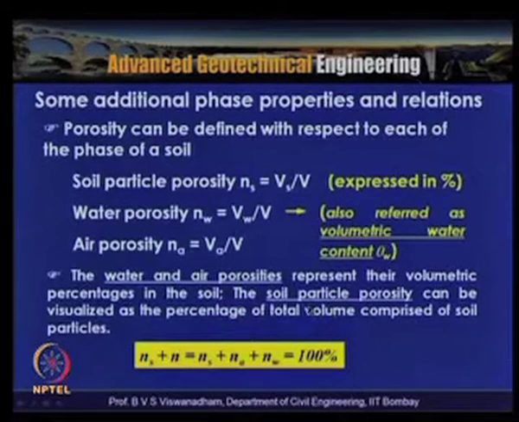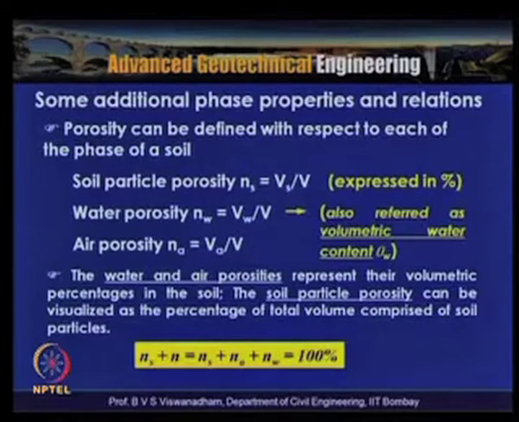The soil particle porosity can be visualized as the percentage of the total volume comprised of soil particles. If you look into this, Ns is nothing but volume of soil solids to total volume, plus n is nothing but volume of voids in the total volume.